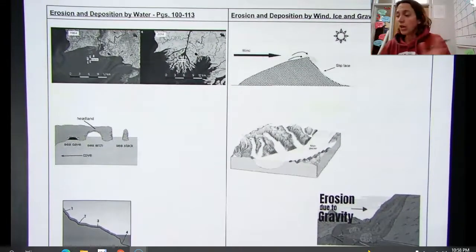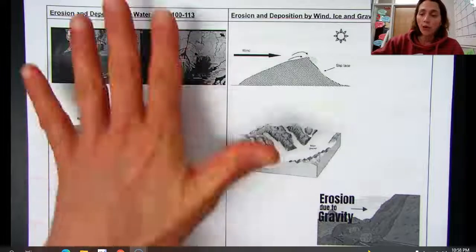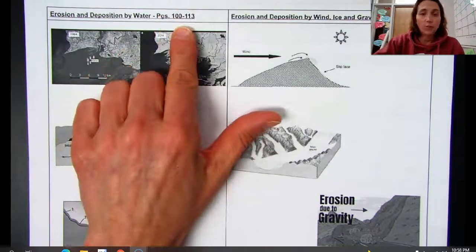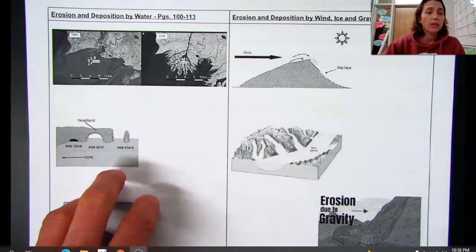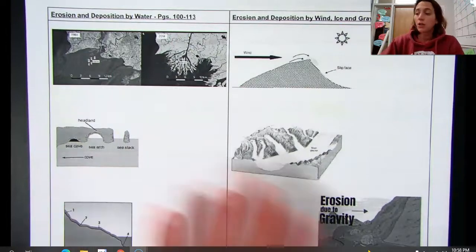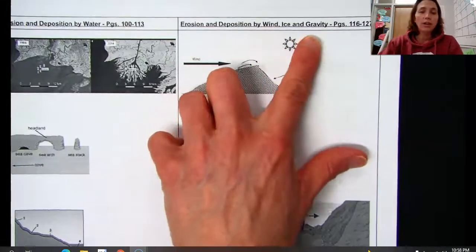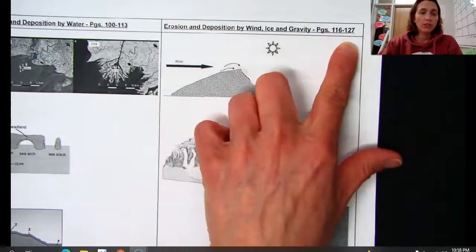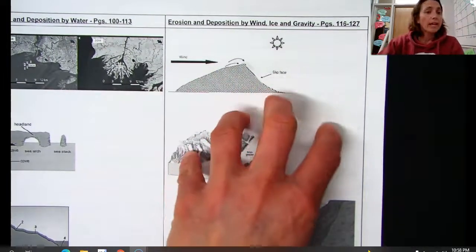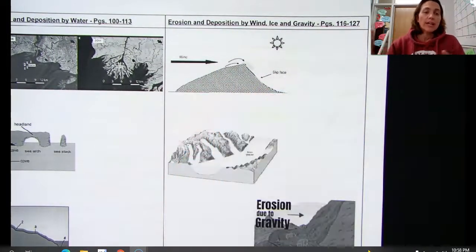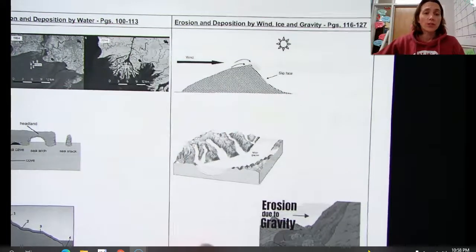So, erosion and deposition by water is on the left-hand side. These are the page numbers that you will look through to find any other information that you think is important to add. Erosion and deposition by wind, ice, and gravity, those are the pages that you're going to find information regarding those topics. You will write anything you think is important here and add that you can use on the test.